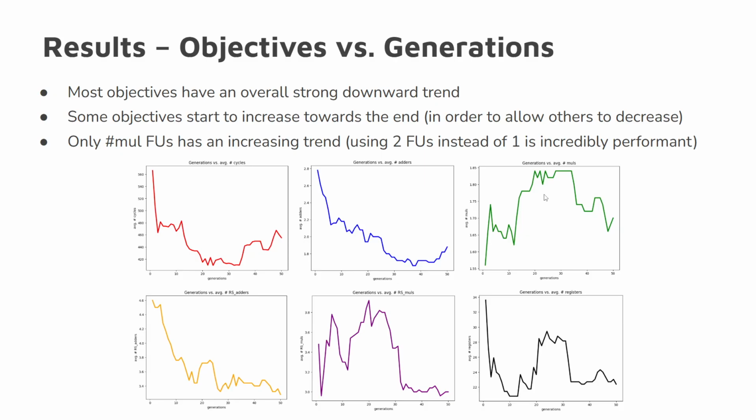So the evolution decided to heavily favor this trade-off, using 2 functional units for multiplication, because the difference is extremely stark, because multiplication takes more cycles.